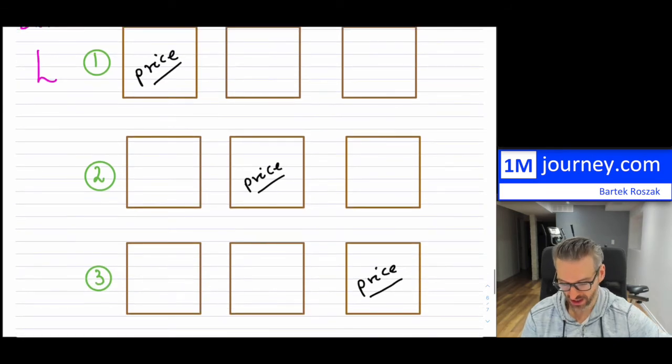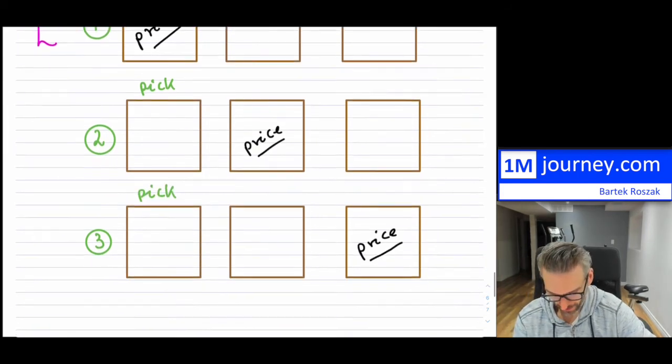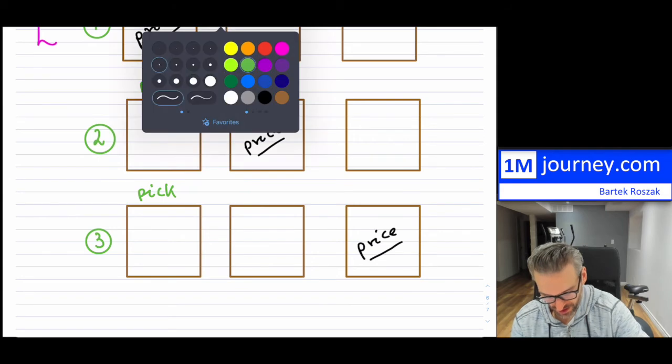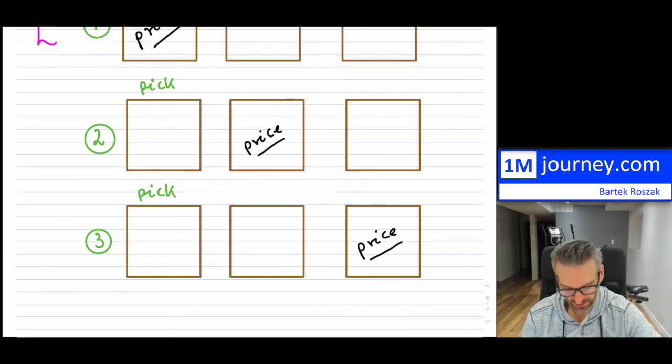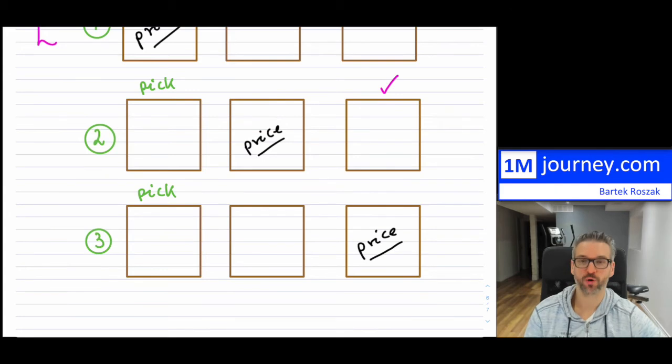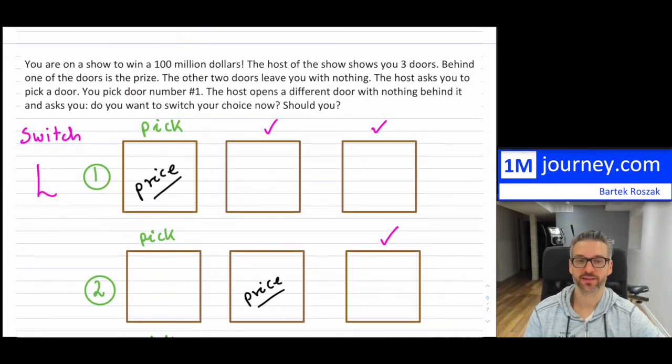Now, what if it was the second situation? We picked our door, and we're going to stick with the same door always, so we're picking the first one. In this second case, notice that because you picked door number 1, the host really can only pick this door to open, because there is no prize behind it, and that's exactly what it says in the question.